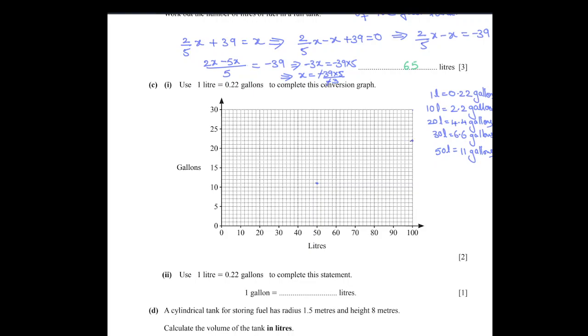Now take your ruler and join these points like this.